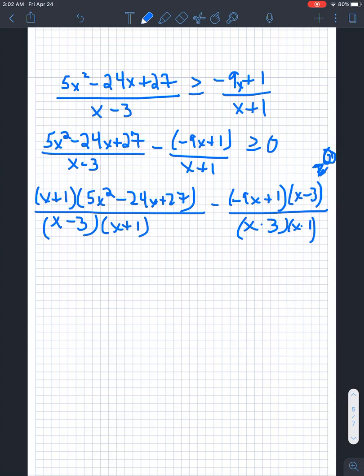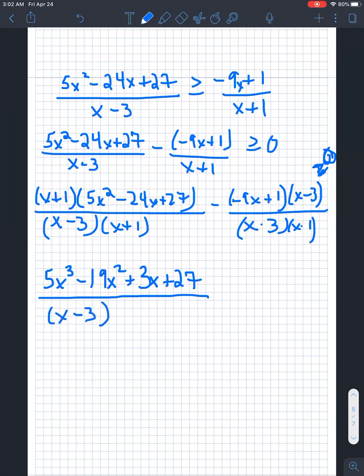Alright, and next, let's expand this. So what are we going to get? Let's see. 5x cubed minus 19x squared plus 3x plus 27. You guys might want to take a couple more steps to do that.